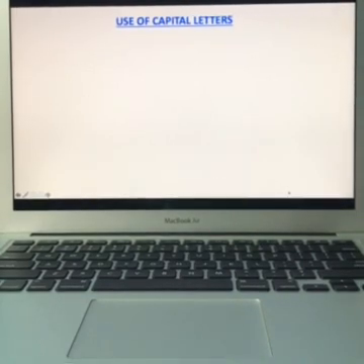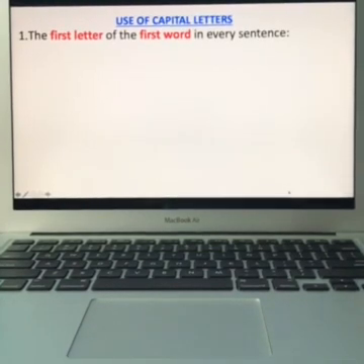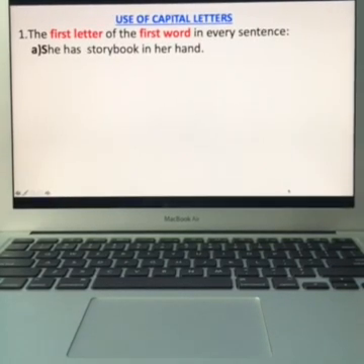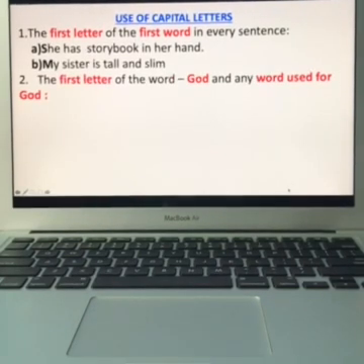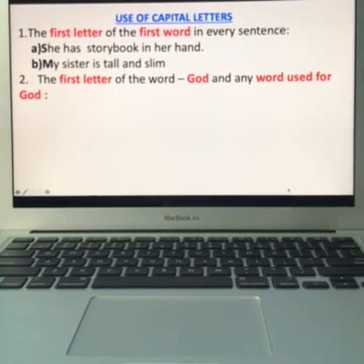Now let's see the use of capital letters. The first letter of the first word in every sentence will be capital. She has storybook in her hand. My sister is tall and slim. The first letter of the word God and any word used for God will be always capital.